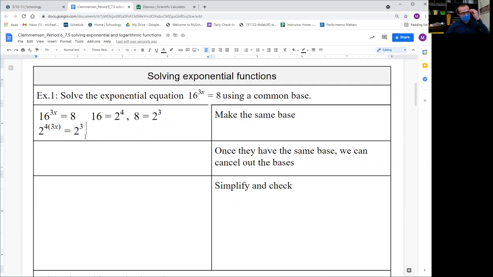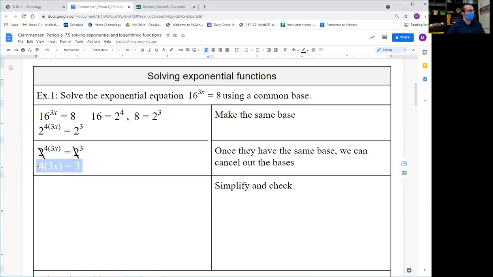Now, once we have two bases that are the same, then we have our exponents, so we can actually cancel out these bases. So this 2 and this 2 can both cancel out, and they will go away. That's why we make them have the same base, so that we can cancel those out.